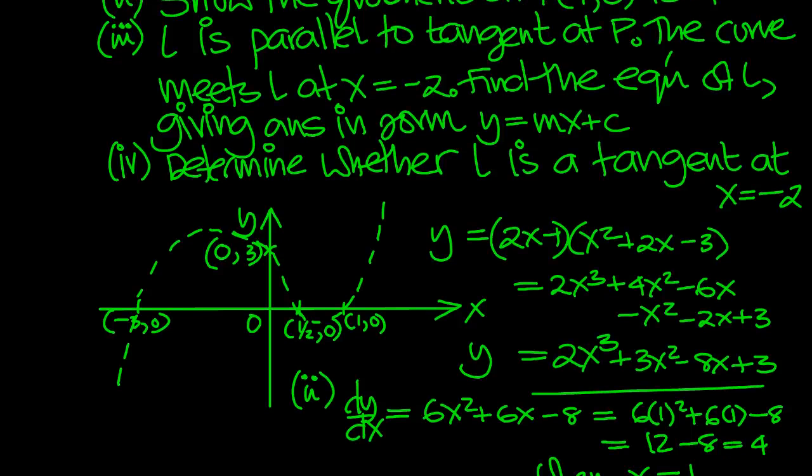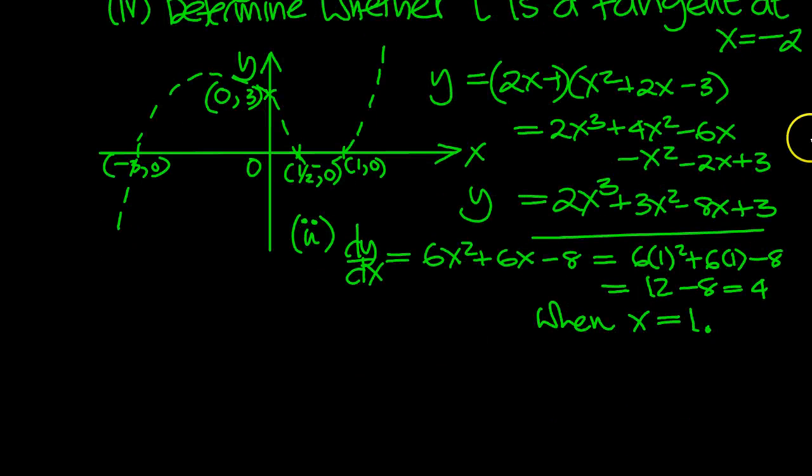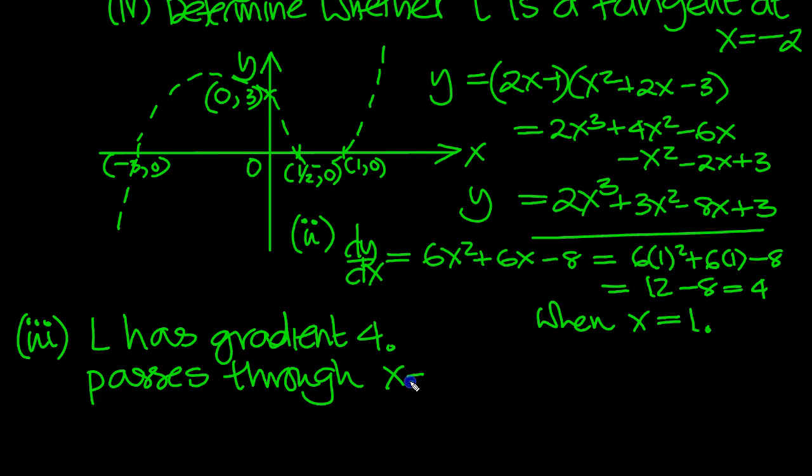L is parallel to the tangent at P, and the curve meets L at x equals minus 2. So part 3 then: L is parallel to the tangent at P, so L has gradient 4. L passes through x equals minus 2, and the curve value when x is minus 2, put it in here: minus 2 times 2 is minus 4, minus 1 is minus 5, and then get the other values.